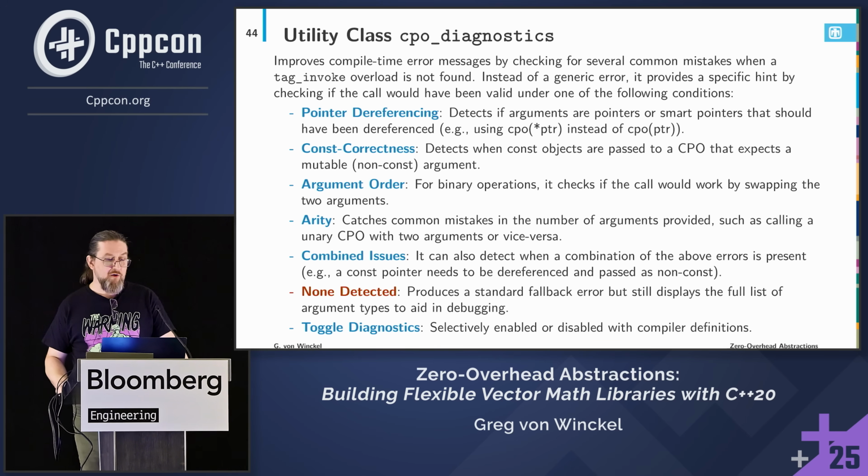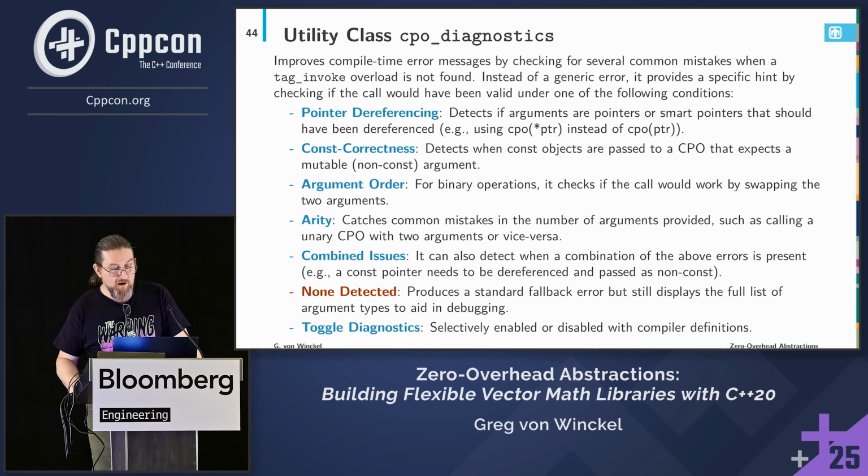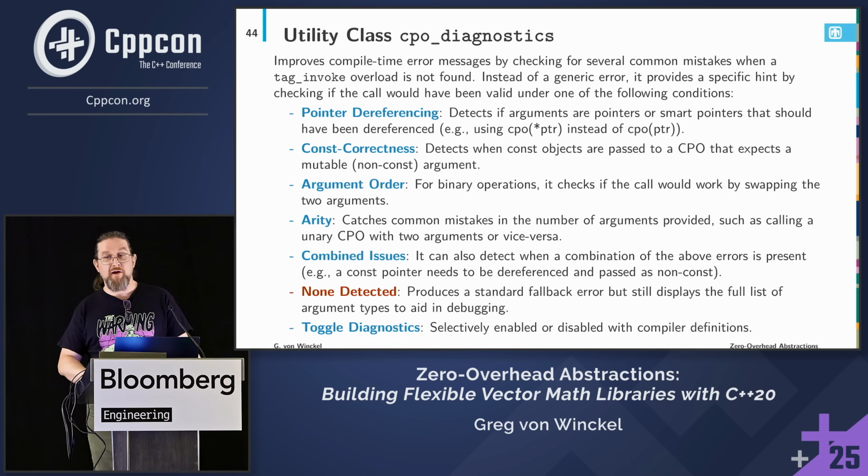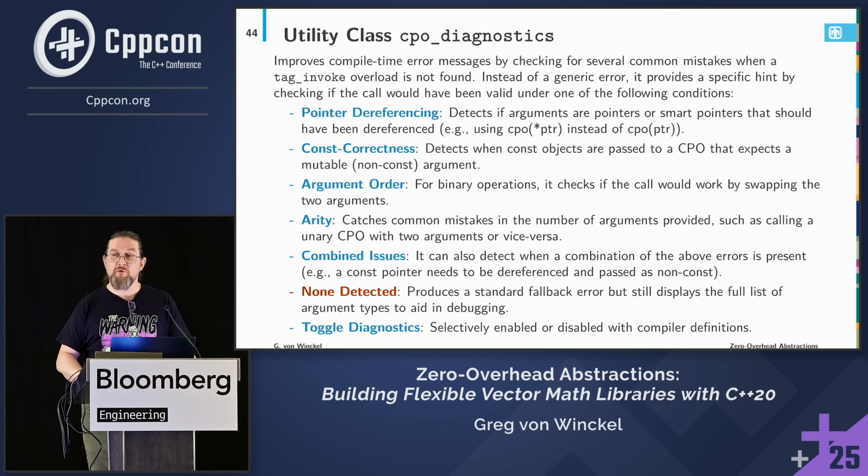It can also do a superposition of these things, so if you pass a const pointer and you were expecting a non-const non-pointer. And if you compile with C++26, you get more explicit error messages because you can use static strings in your static assert messages.